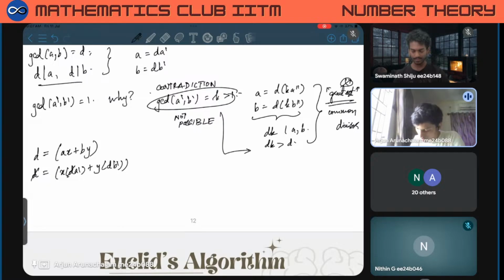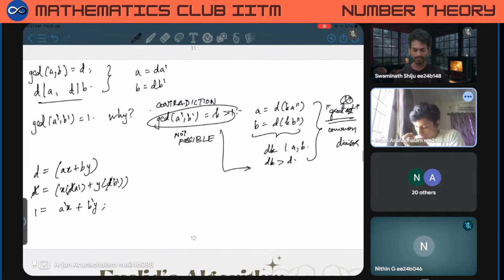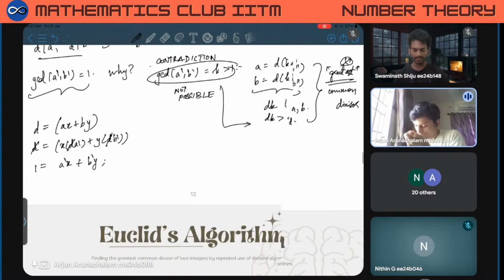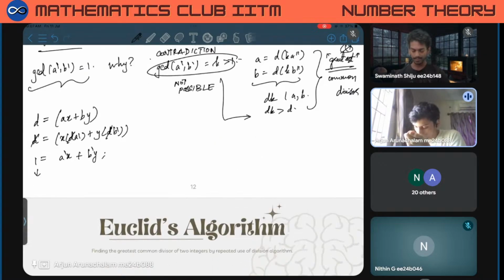Essentially just remove a d, so you get a dash x plus b dash y. Now you can note that this is kind of the same statement of the theorem itself, because gcd of a dash comma b dash is 1, and that is indeed what you have here.